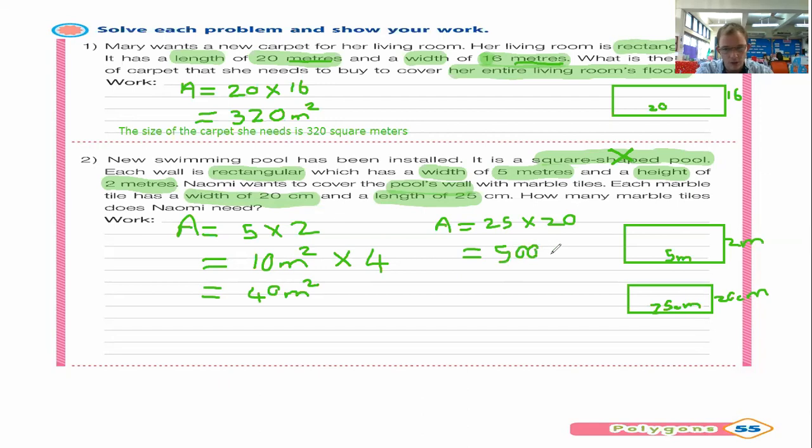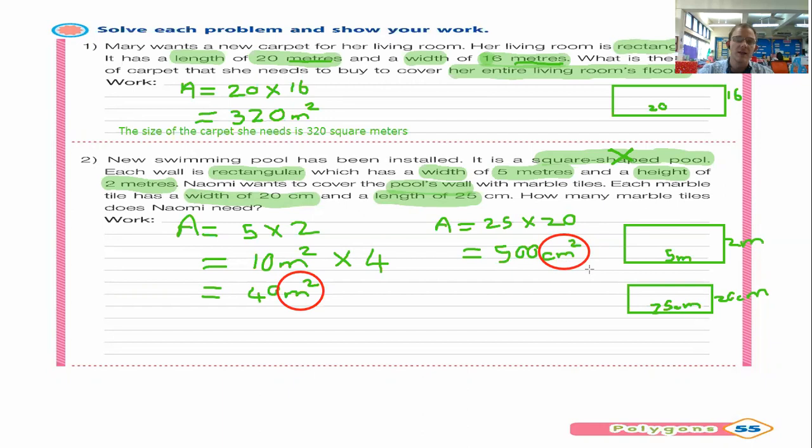But be careful. This is centimeters squared. Very important to make sure that we understand that there is a difference between meters squared and centimeters squared. So the area of one tile equals 500 square centimeters.